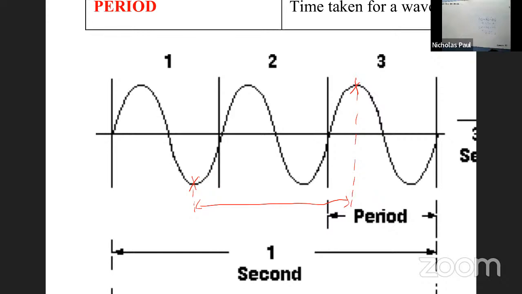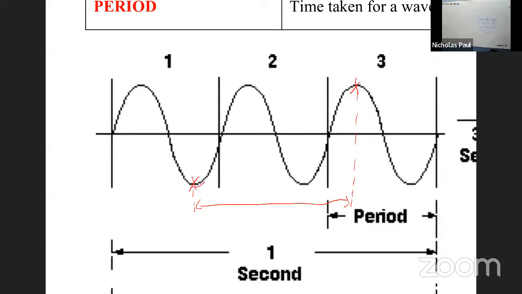How much is that? All right, so what we need here to see is how much is this?